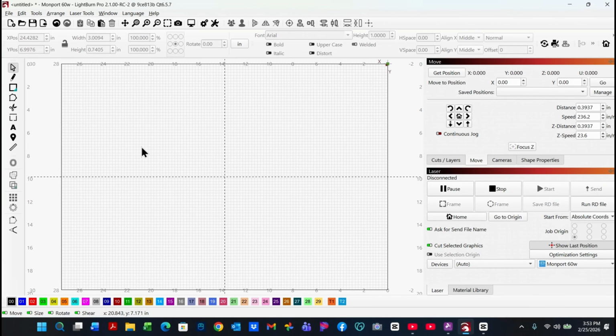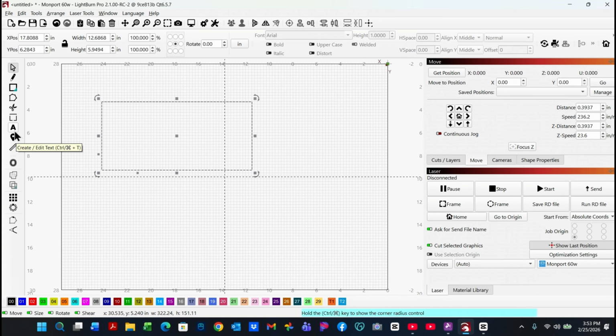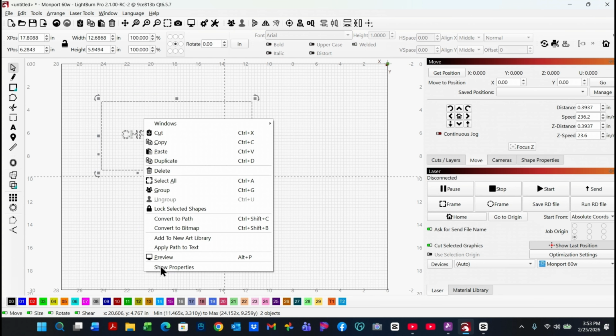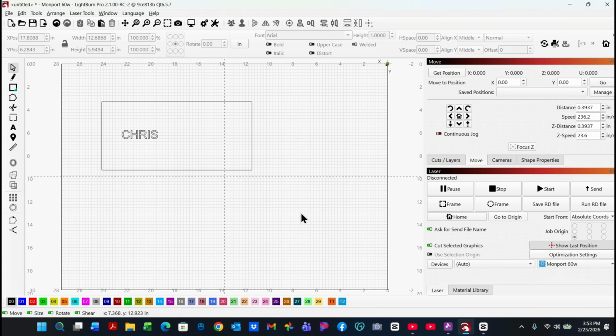One of the first things that I got was an email stating that I had missed something, and that was from Steve from Hobo with Wood. What I had missed was the comparison of 2.05 to 2.1 by doing this. So you have your box, and you have some kind of text in there, and you group them. So we group them together.